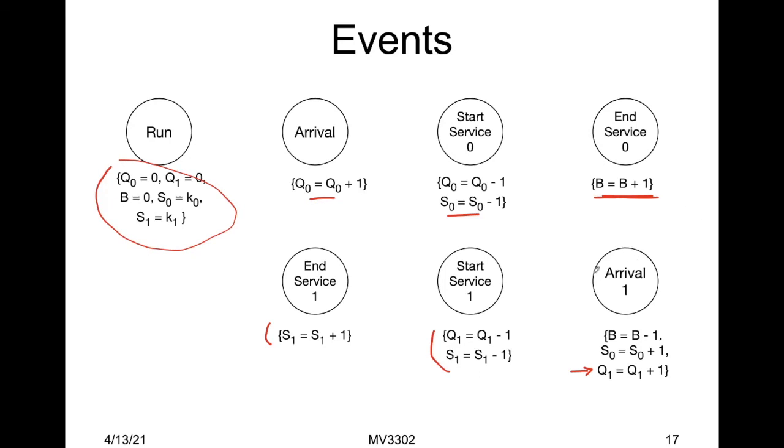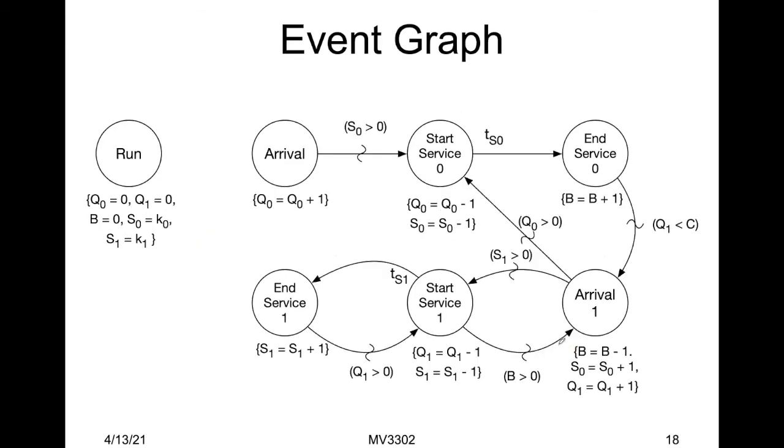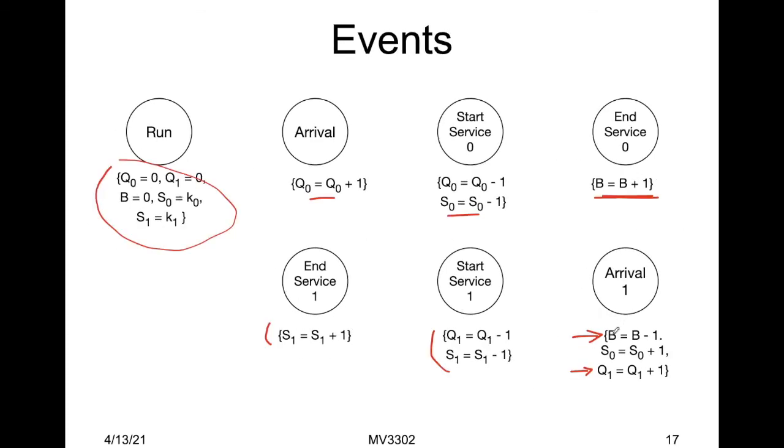But then when we arrive at the second workstation, now this is where we unblock. So we say that now we have one fewer blocked part, and now we do have our available server at the first station. In other words, we cannot say that the machine at the first workstation is available until it gets unblocked, until we can move the part off.